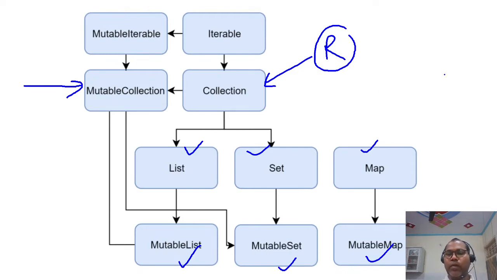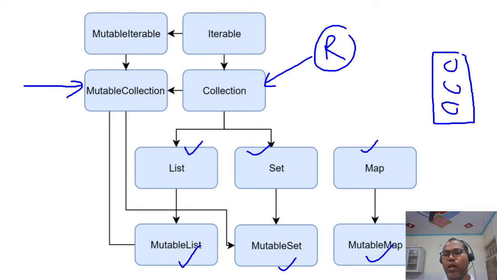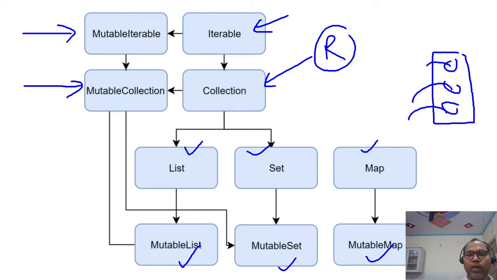Similarly, if you have a collection with a set of values stored, to access these collections you have to read the values. For reading the values, all these collections implement the iterable interface, or similarly the mutable iterable. So this iterable collection lets you retrieve and access the elements one by one.